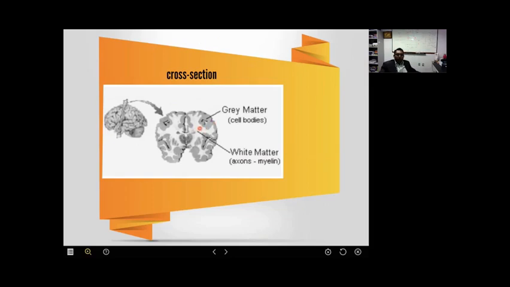The white matter is white because of the fatty myelin sheath around the axons of the myelinated neurons, while the gray matter is gray primarily because of the cell bodies, or somas, of the neurons. So gray matter comes from the cell bodies, and the white matter comes from the myelinated axons of some neurons.